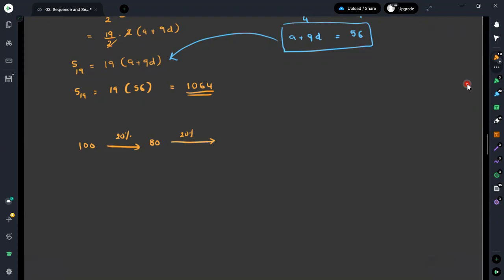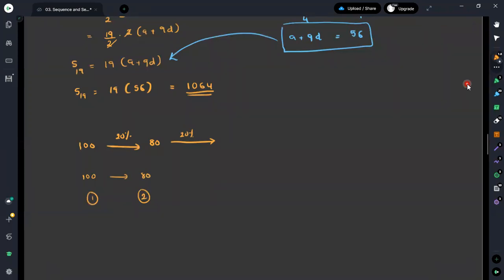Therefore, if you see, the ratio, or the percentage that we are considering as the depreciation, then the actual value of the item would be 80% of the previous value. If you have 100, then in the next year it has become 80. If the value of the item in the first year is 100, then the value in the second year would be 80% of that value.